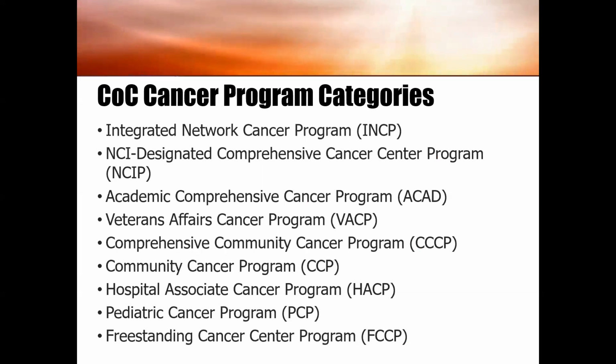But referral to another facility for a portion of the diagnosis and or treatment may occur. So this type of category facility would have more than 100 cases accessioned each year, but less than 500. So there are many hospitals that would be designated as a CCP.